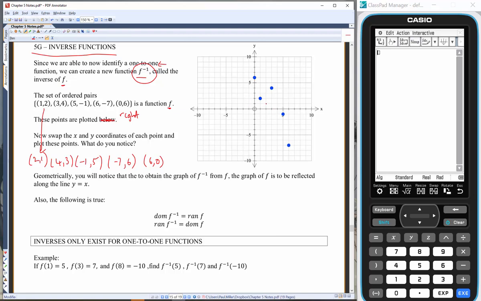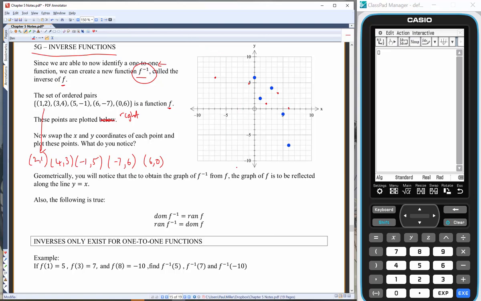Here is 2, 1. Here is 4, 3. There it is. Negative 1, 5 is there. And negative 7, 6 is all the way up there. And 6, 0 is there.